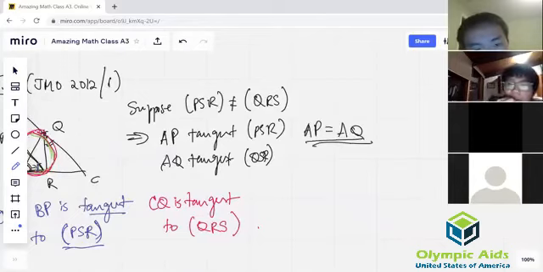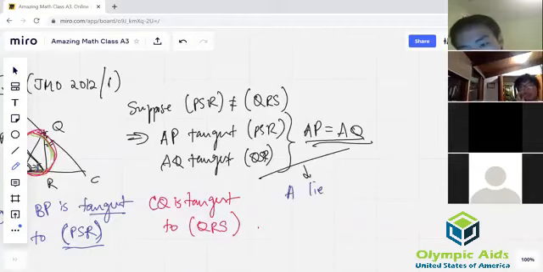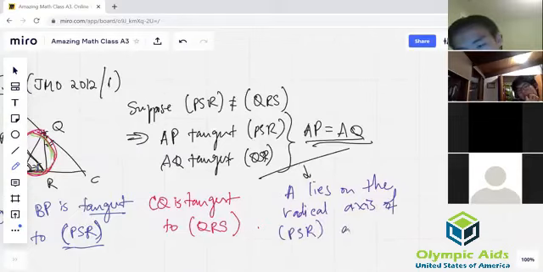So these three facts combined tell us that A lies on the radical axis of PSR and QSR.